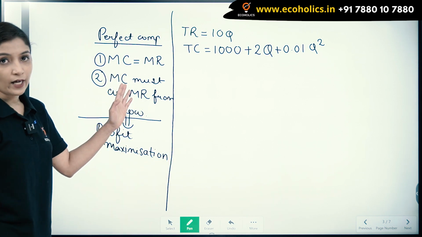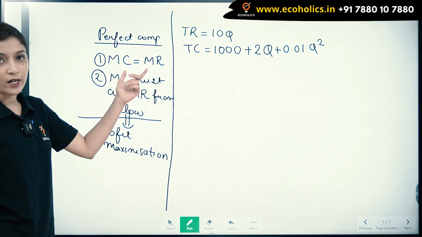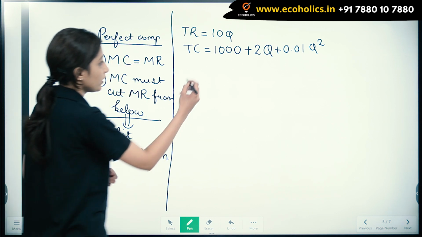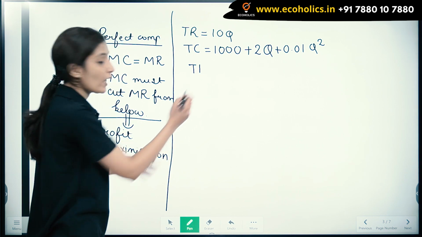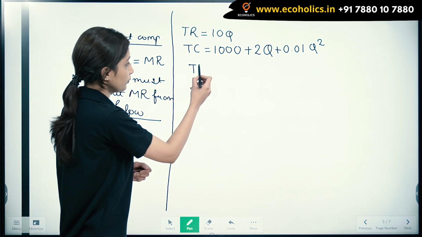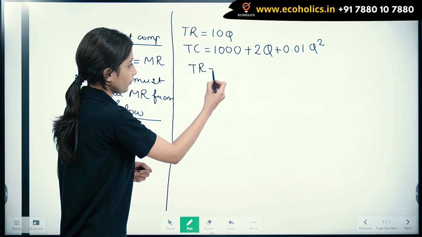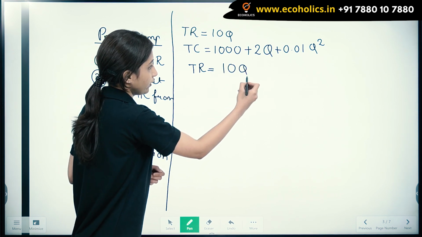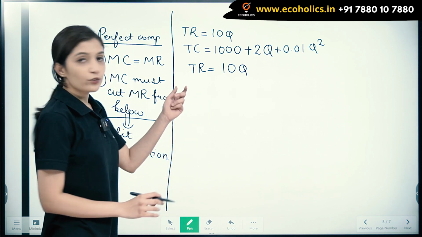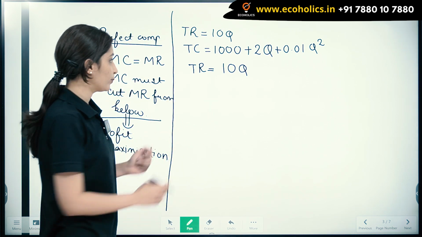So, let's first calculate marginal cost and marginal revenue. Now, we have total revenue as 10Q. We are going to find marginal revenue now.